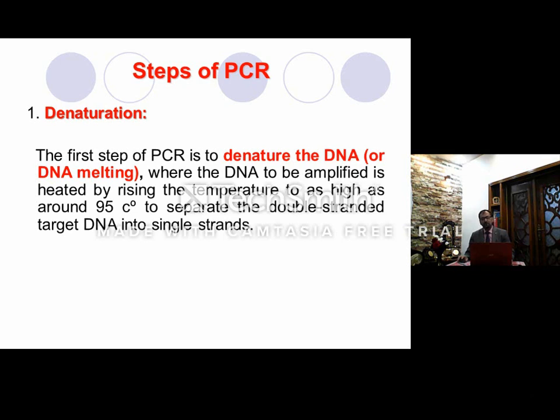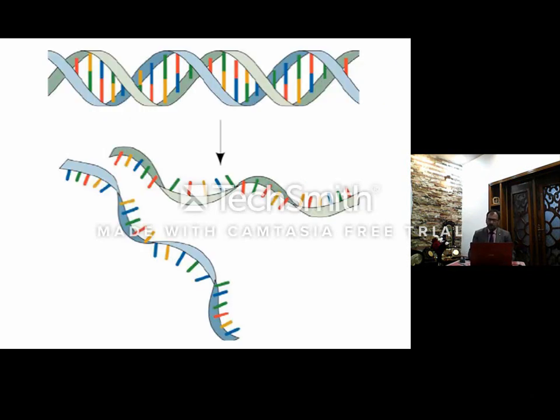So the first step is going to be the denaturation. So the first thing is to denature DNA. What does this mean? It means also melting of DNA. That's to say, to separate the 2 strands of DNA to make them 2 single-stranded molecules rather than double-stranded to start with. So as this picture shows to you, initially the DNA was a double-stranded molecule.